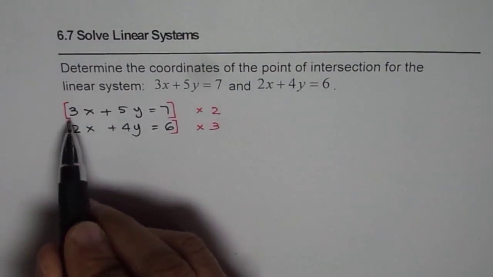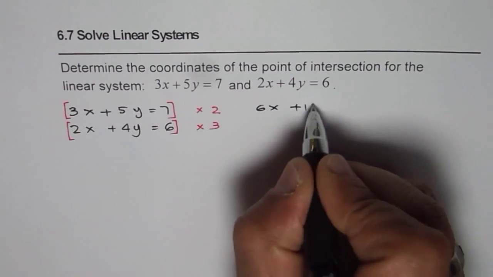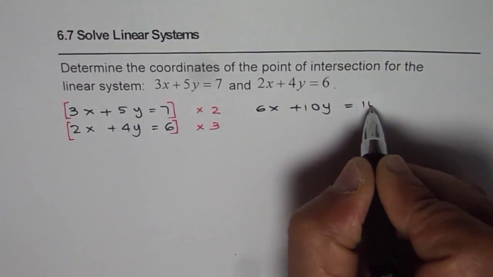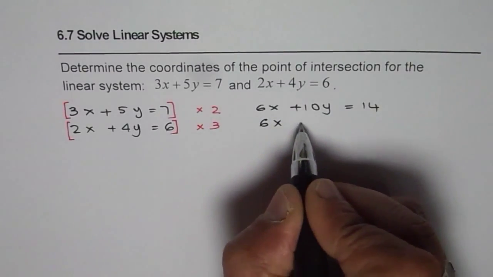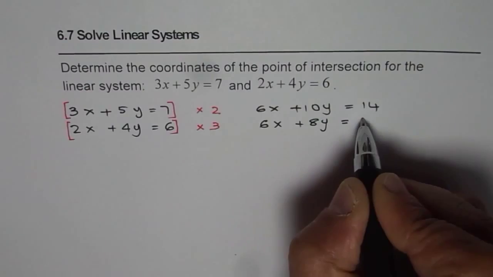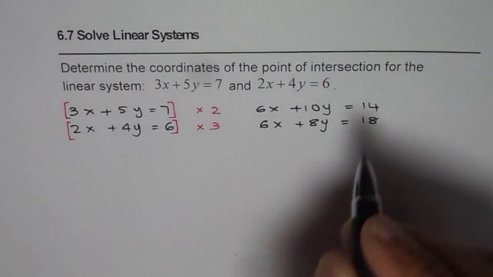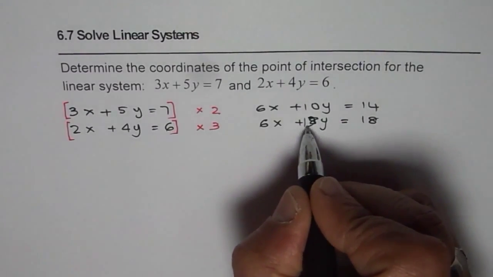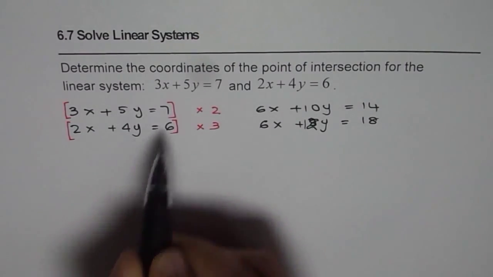So let's multiply by 2. What we get here will be 6x + 10y = 14, and the second equation will become 6x + 8y = 18. Sorry, 3 times 4 is 12y, so we are multiplying by 3. 3 times 2 is 6, 3 times 4 is 12, and then this is 18.